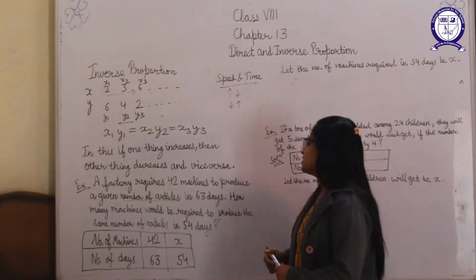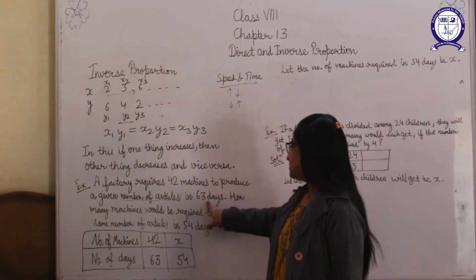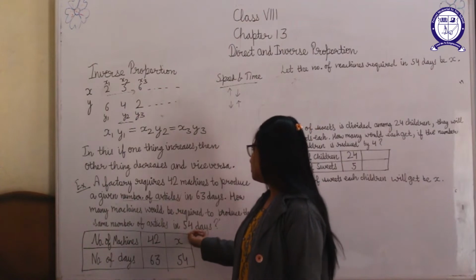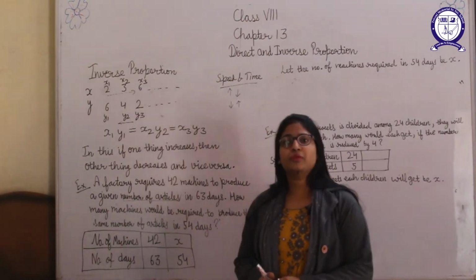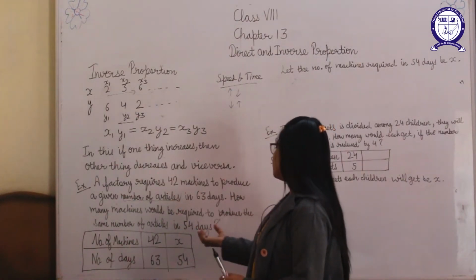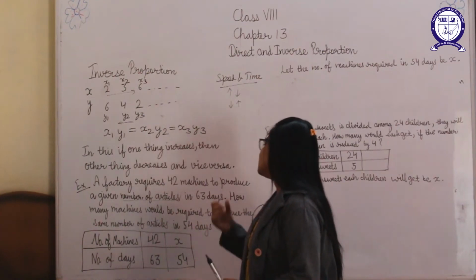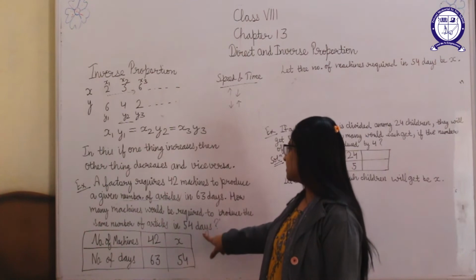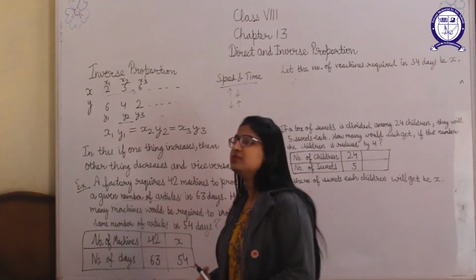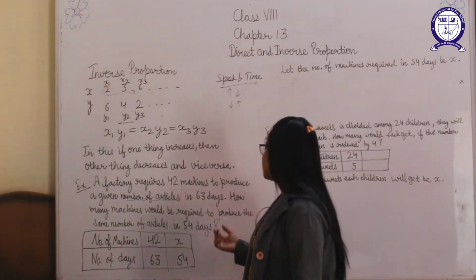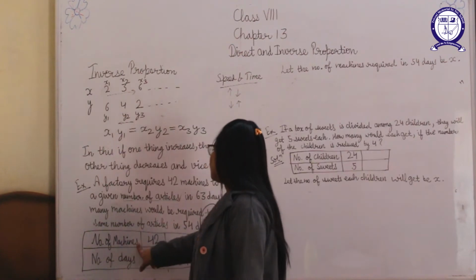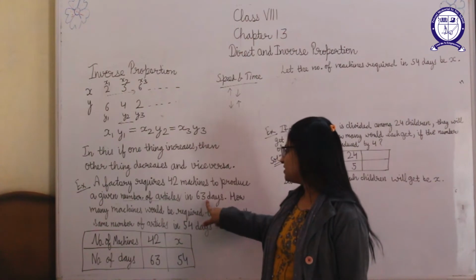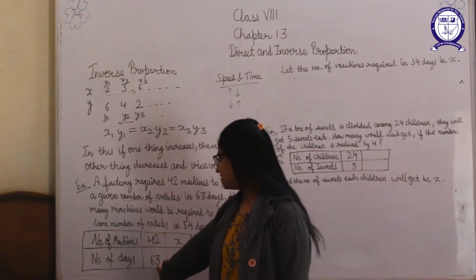The days are decreasing, so we need to increase the machines, right? So the number of machines will be increasing. If the number of machines is 42, then how many days? 63 days. So I have written here 63.